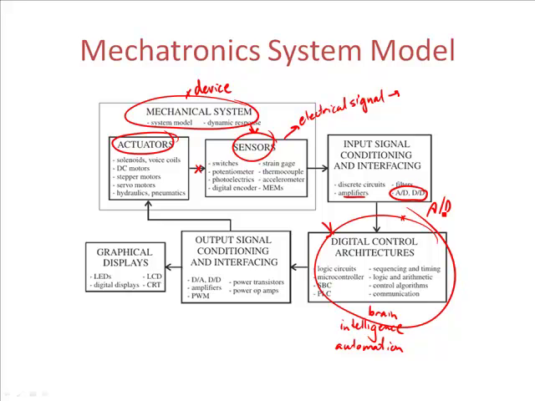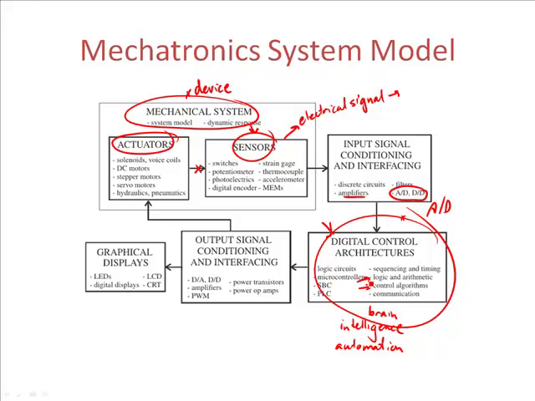Then once the digital signal is brought in, we can create some kind of algorithm, and usually that's done with some kind of program. So control algorithms, or we might do it with some kind of programmable logic device. And then we need to sequence and time the various operations.